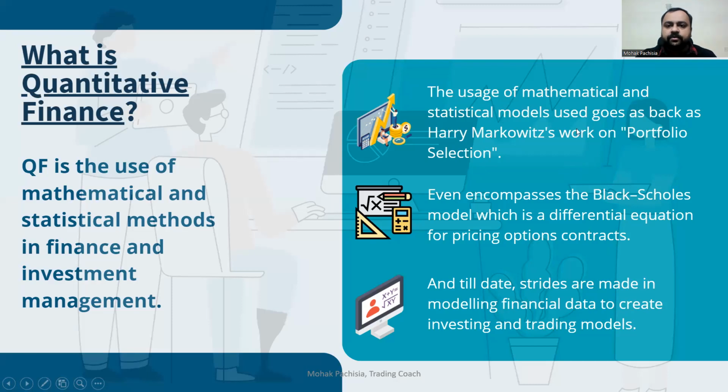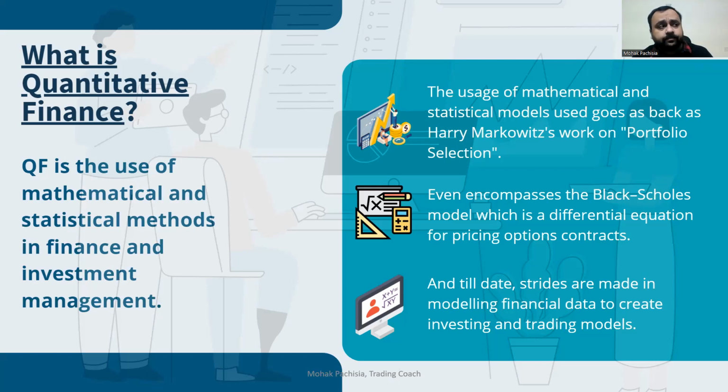Let's just understand what quantitative finance is. Broadly speaking, it goes all the way back to portfolio selection theory by Harry Markowitz, which people who have done CFA level 1 or level 2, or an MBA, may have heard of. It uses statistics: mean, median, mode is very basic statistics we learned in classes 6 to 9.